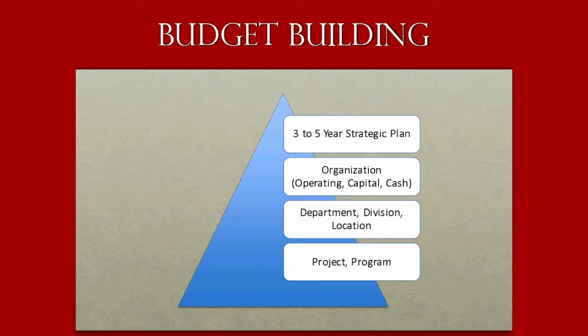Sometimes I've worked with organizations where different departments or different projects have their own budgets, but when you try to meld them into the 3 to 5 year plan, you see that they don't necessarily comport. Not all the divisions within an organization, not all the projects or programs are using the same methodology, are talking to each other and ensuring that they're working up to one organizational vision.